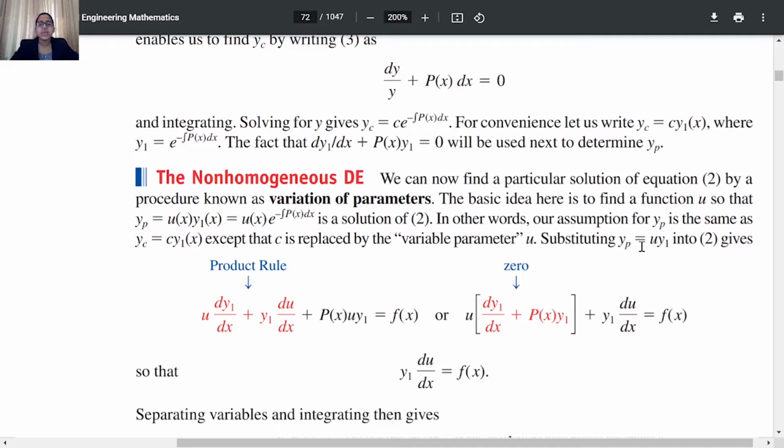Similarly, instead of c, which is a constant, if I put some variable parameter u of x, u into y1 will be the particular solution yp.